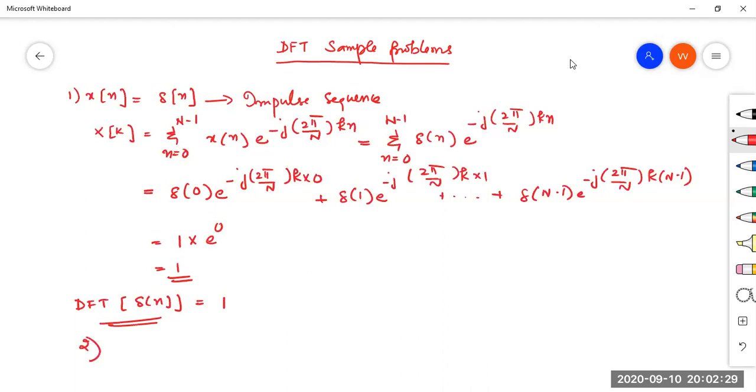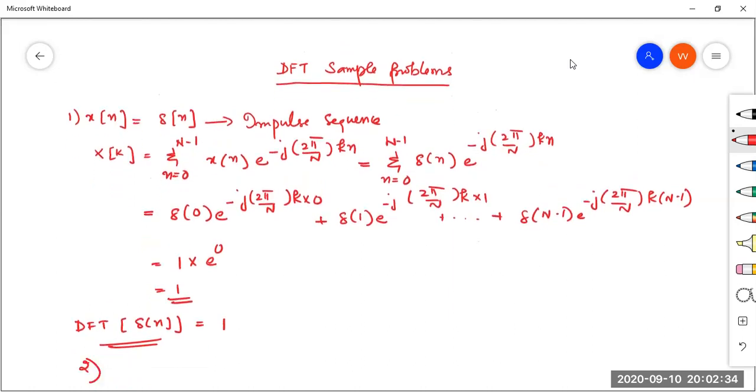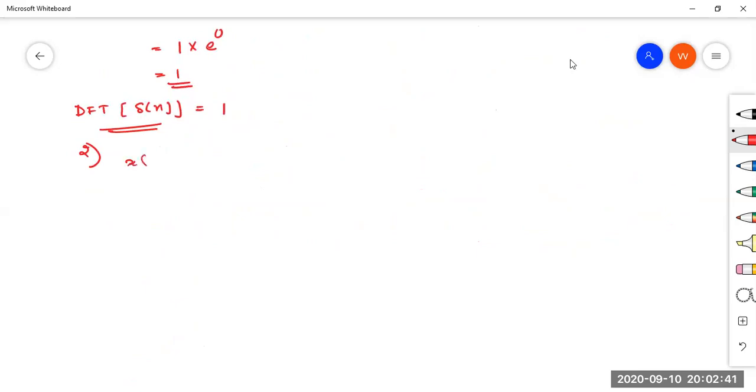Now second question. X of n is equal to a raised to n. Now same way you can write the equation X of k is equal to summation n equal to 0 to N minus 1 a raised to n into e raised to minus j 2 pi divided by N k n.